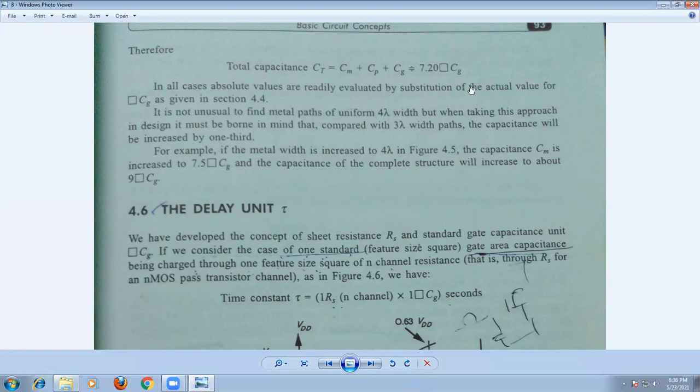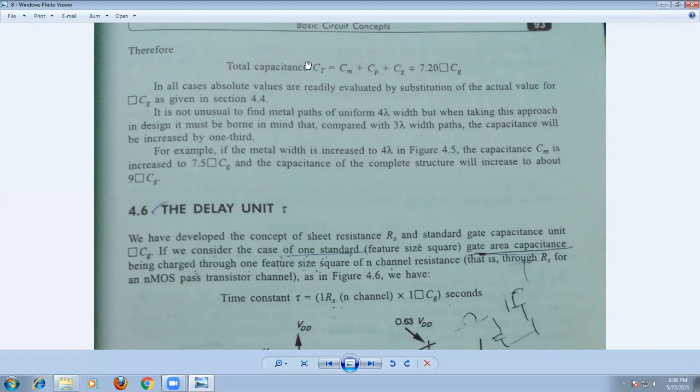To find the value in picofarads, because you are using 5 micrometer technology, 1 square CG is equal to 0.01 picofarad. So substitute 7.2 into 0.01 picofarad, and you will get the value of the capacitance. Like this, you can calculate the value of the capacitance in the structure.